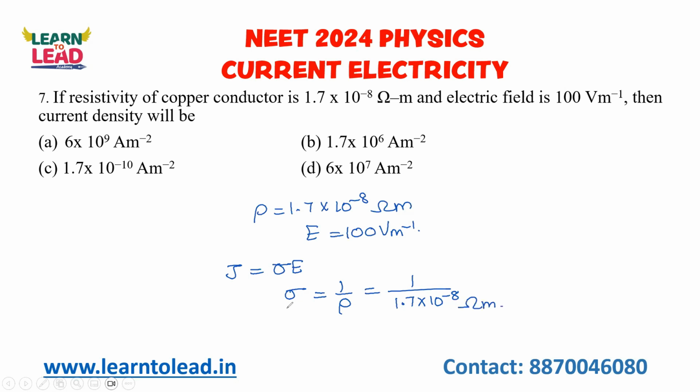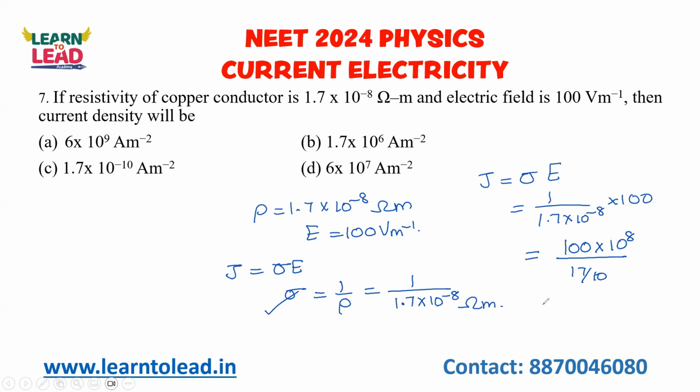It is sigma. Now my question is, what is the current density? The current density formula is sigma into electric field. What is sigma? We found it as 1 by 1.7 into 10 to the power minus 8, into what is the electric field? 100 volt per meter. If you solve this, you can rewrite this as 100 into 10 to the power 8 divided by 1.7, so 1000 into 10 to the power 8 divided by 17.